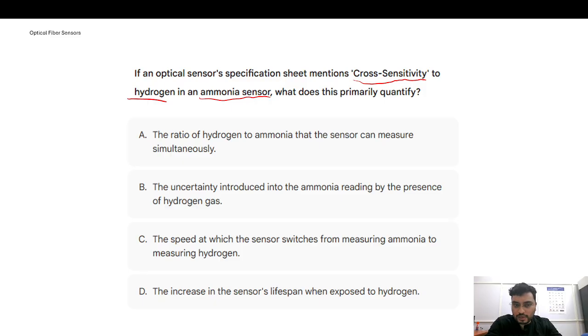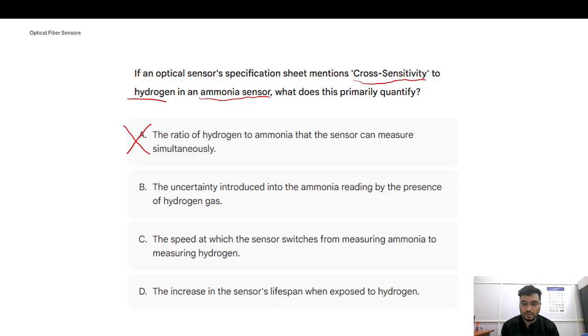It's sensing ammonia, which is what it was made to sense, but it is also sensing hydrogen as well. Now you tell your answer. So I'll just put the wrong one here, so you'll understand.